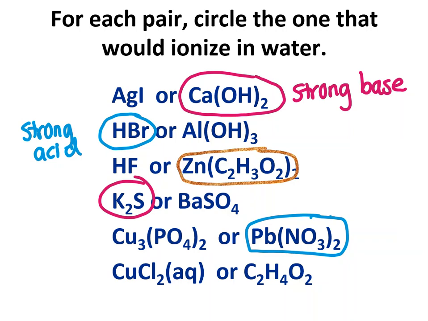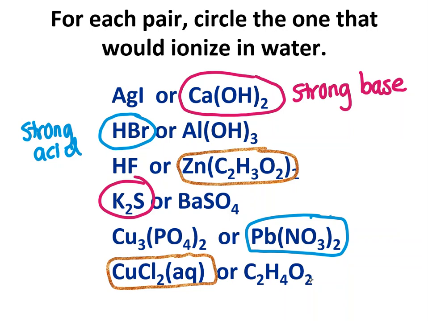On the next one, it's a little trickier because I didn't give you a compound here that you necessarily know with our solubility rules. However, it does say AQ. So if you have an ionic compound and you see the symbol AQ, you know it must be a strong electrolyte.